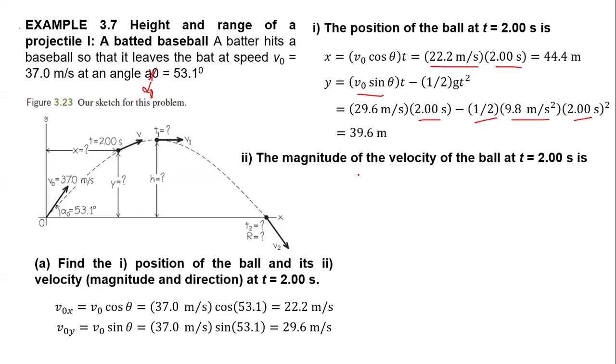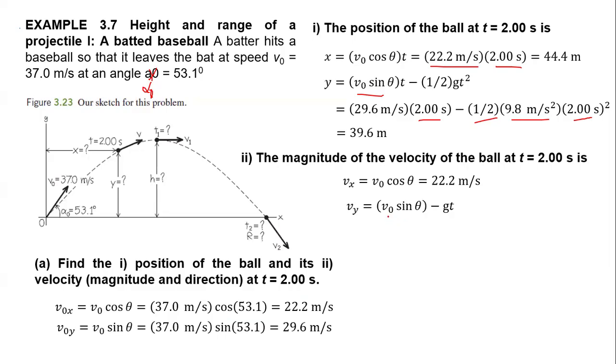Now, what is the magnitude and direction of the velocity of the ball at t equal to 2.0 seconds? You can get it using this formula, where we already calculated this. So v_x is v_o cosine theta, and for v_y, this is our formula.